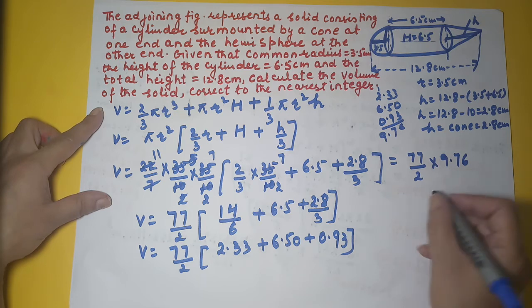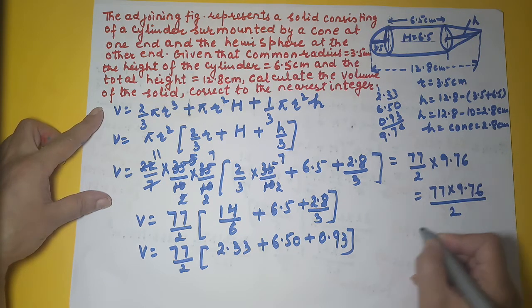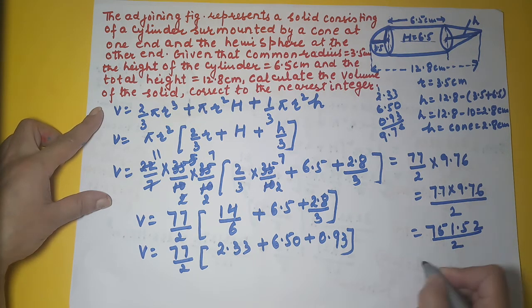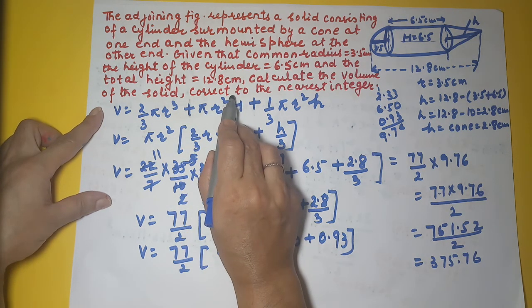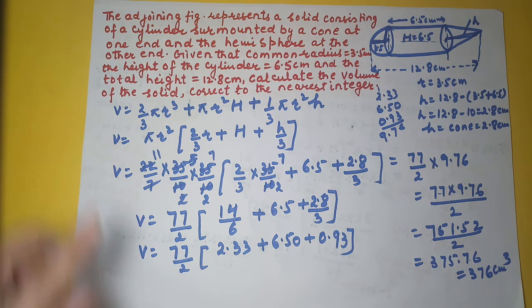So that is 77 into 9.76 divided by 2, which is equal to 751.52 divided by 2, which is further equal to 375.76. But he wants us to calculate it to correct to nearest integer. So what is the nearest integer? That is 376 centimeter cube, right?